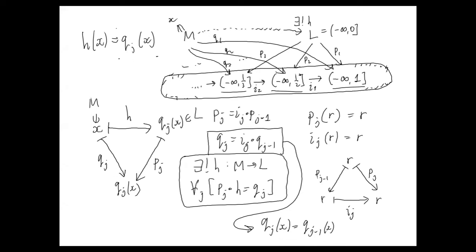Now we know that all of these Qs are mapping this X to the same spot. So Q1 maps X somewhere in this interval. Q2 maps X in this interval, but Q1 and Q2 map them to the same number, right? So that number, whatever that Qj of X is, whatever that H of X is, that H of X is an element of this interval as well as that interval, right? But also it's an element of this interval and so on. Does that imply that H of X will be an element of that interval?